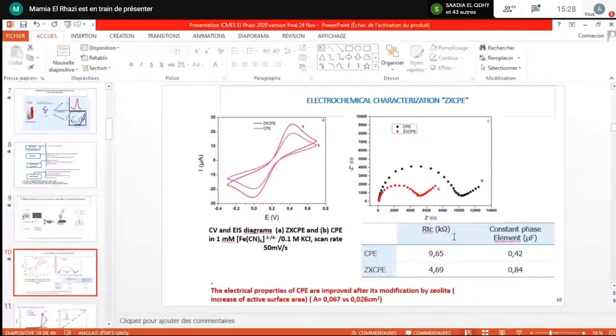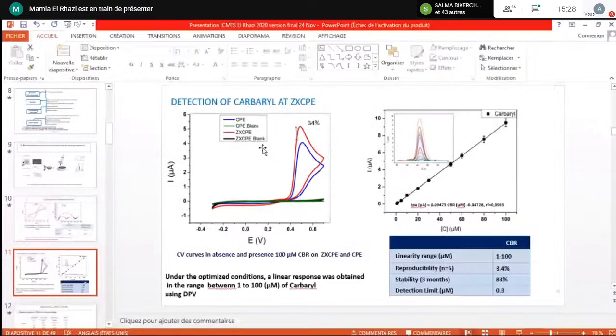After that, the modified electrode was used for detection of carbaryl, and here we can see the response of our different electrodes towards carbaryl. We see that the signal of carbaryl, or the response in current, is increasing by about 35%.